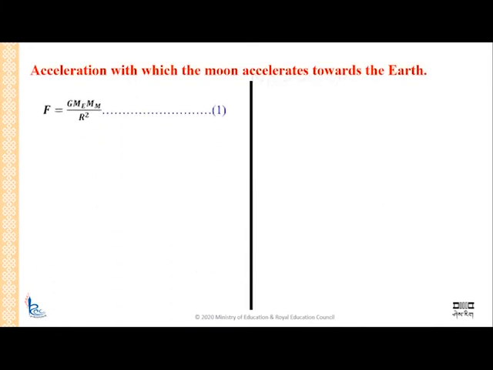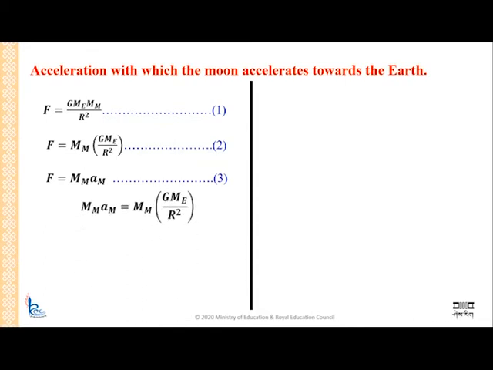So now let's look at the acceleration with which the moon accelerates towards the earth. We have the formula F is equal to G Me Mm over r square, and rearranging we have F is equal to Mm times G Me over r square. Substituting F is equal to Mm times am in the next equation, we have Mm times am equals Mm times G Me over r square.